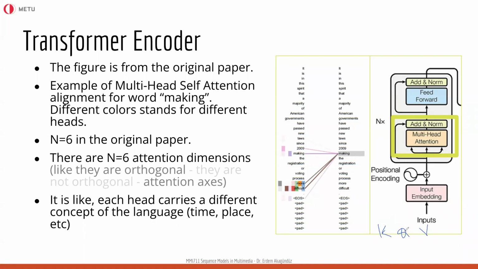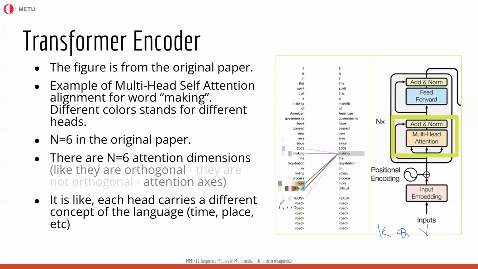So remember, if the key, query, and value matrices are different, the self-attention will create different context vectors. So it is like you are relating this sentence to the sentence in, so let's think that these are the 6 dimensions of the self-attention.